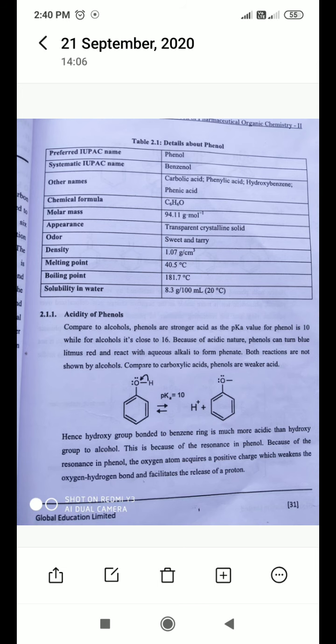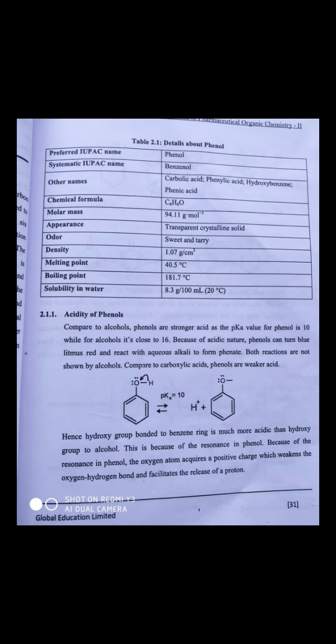So phenol is the common name, and the IUPAC name is benzenol. What are the other names? Carbolic acid, phenolic acid, hydroxybenzene, phenic acid. These are some other names.